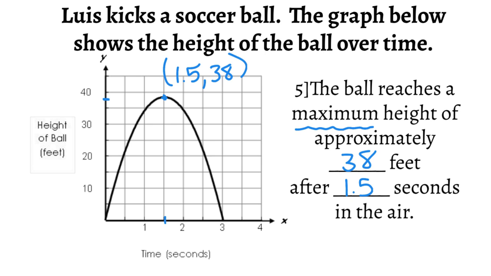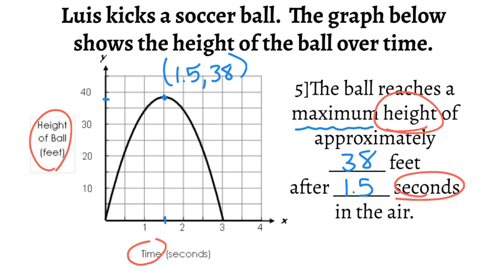Again, if you pay attention to the x-axis and the y-axis, then we can answer the question we're interested in. We wanted to know the height, so we look at the height or the y value. Then we wanted to know how much time, so we're looking at seconds, which represents the x value.